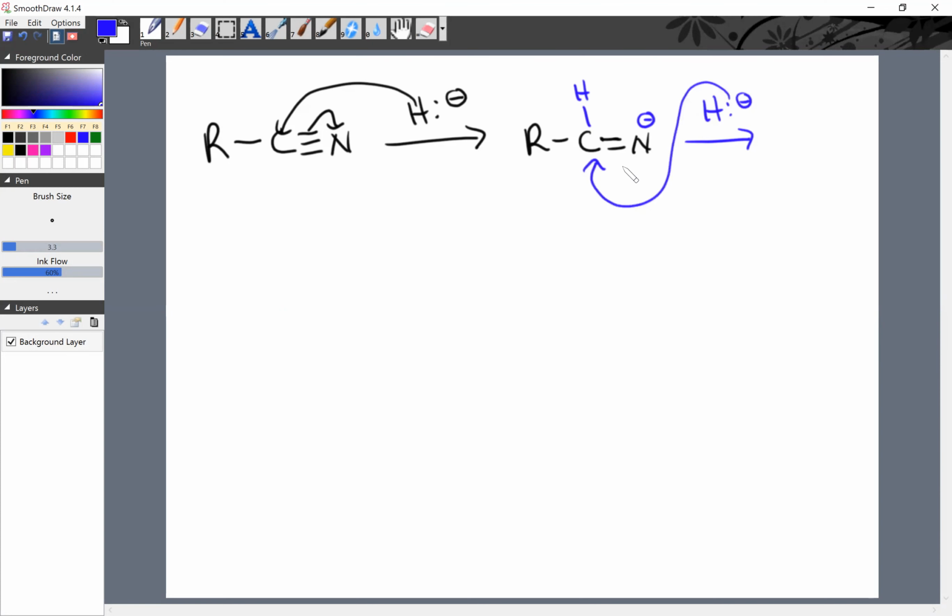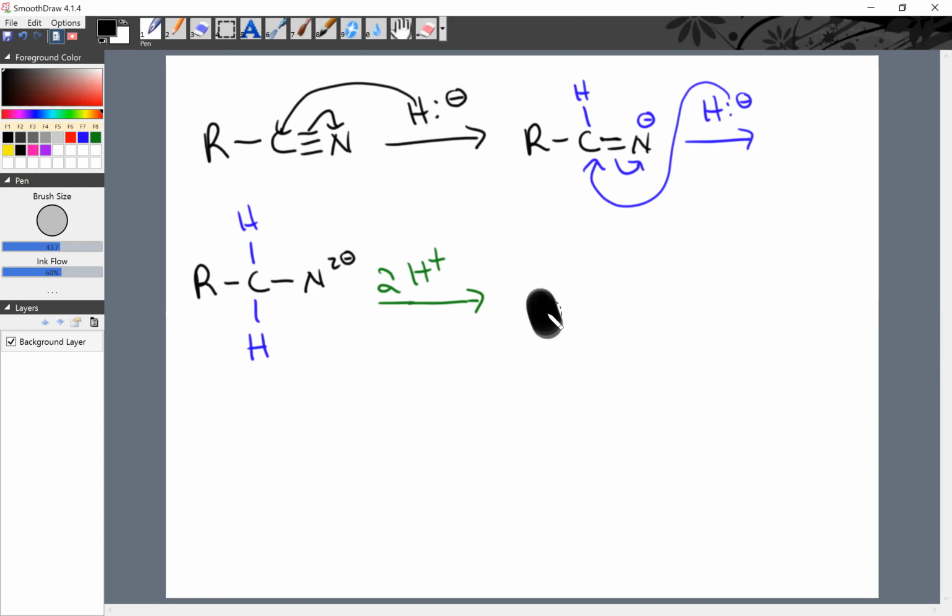Wait a second, that nitrogen isn't going to take on a negative 2. No, it's not. This is just a visual, a simple one. Oh, look, we need to protonate that. And there's a negative 2, so we'll have to protonate it twice.